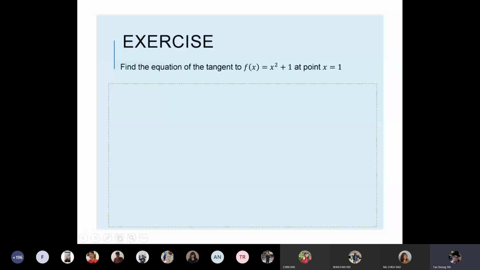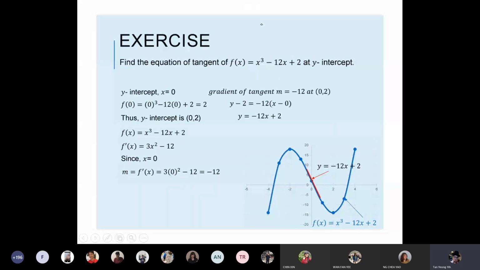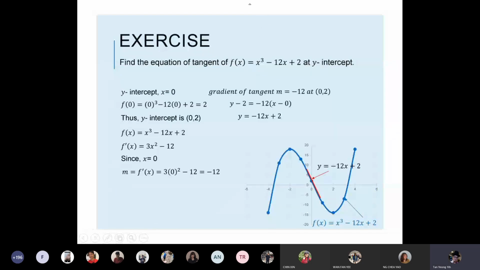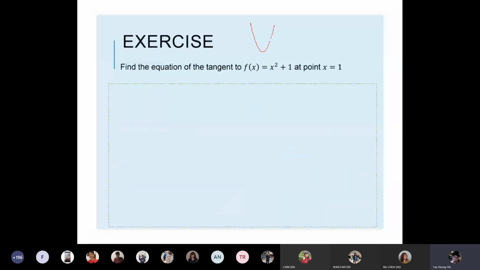You can proceed to solve, and I'm going to show the solution here. Find the equation of the tangent to the curve f(x) equals x squared plus 1 at the point x equals 1. Just for illustration, x squared plus 1 is a quadratic, so the graph will be like this.